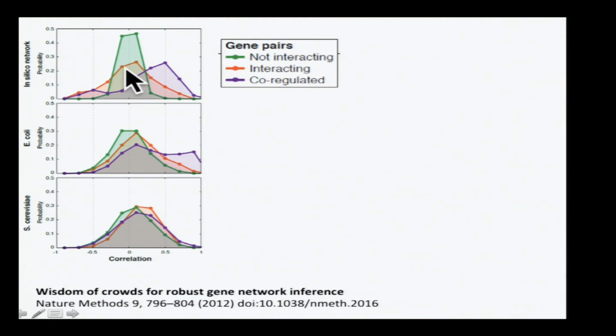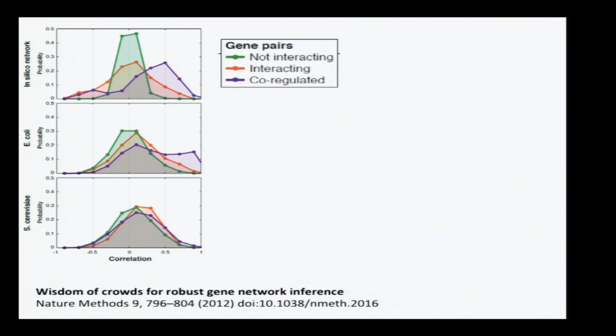The green are genes that have no relationship with each other, and they're measuring here the correlation across all the data sets between two pairs of genes which have no known regulatory relationship. The purple are ones that are targets of the same transcription factor, and the orange are ones where one is the activator or repressor of the other.